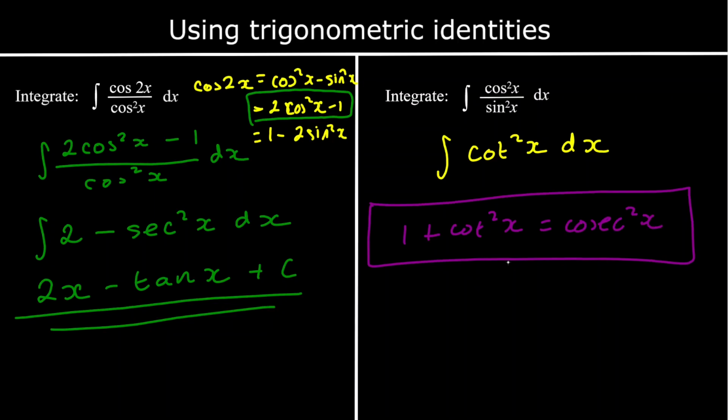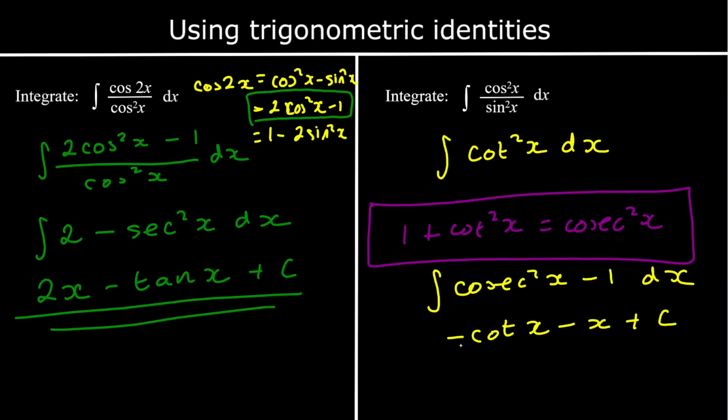So if we take 1 away from both sides, we can change the question into cosec squared x minus 1. Cosec squared x integrates to give negative cot x. Negative 1 integrates to give negative x and plus c.